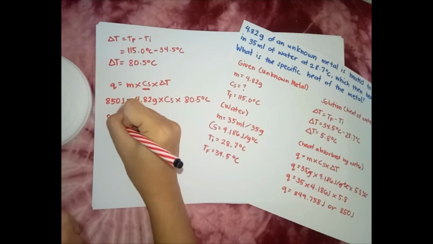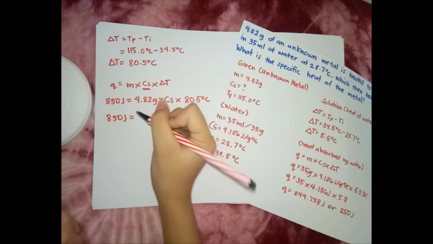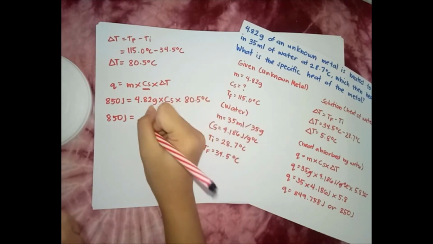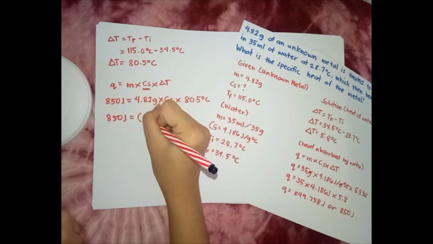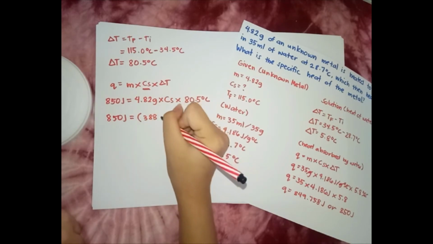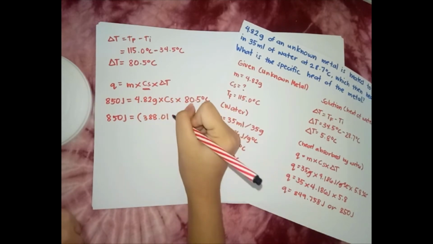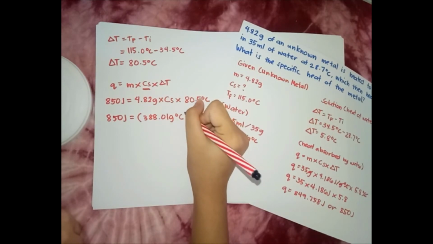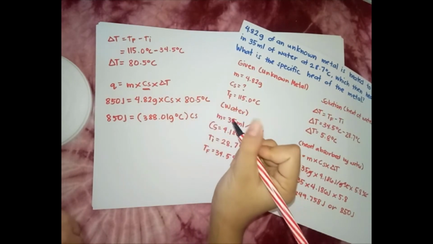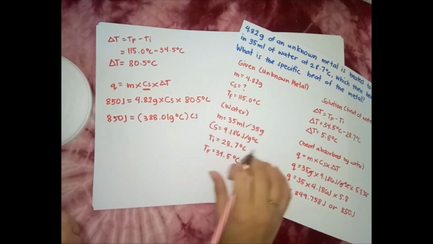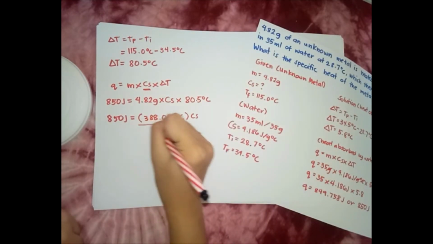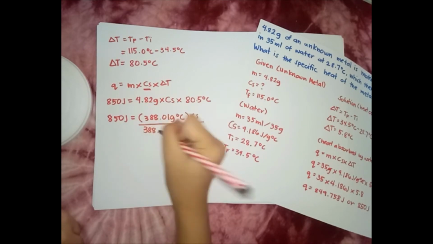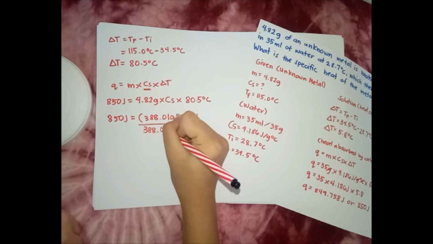So now we're going to multiply 4.82 grams and 80.5 degrees Celsius. So we now have 850 joules equals 388.01 grams degree Celsius multiplied by specific heat. Since we're searching for specific heat, we now have to cancel 388.01 grams degrees Celsius.